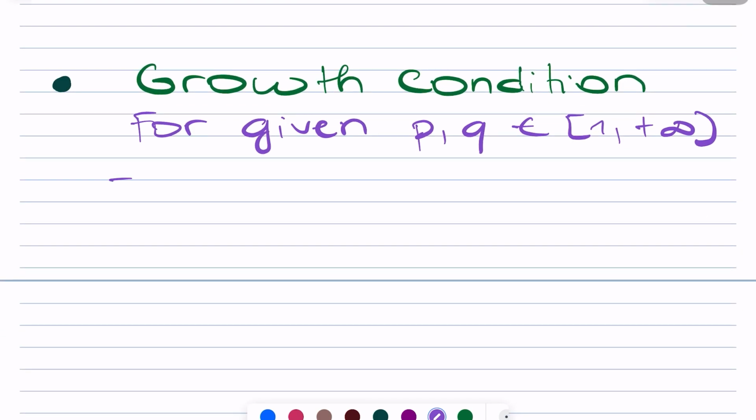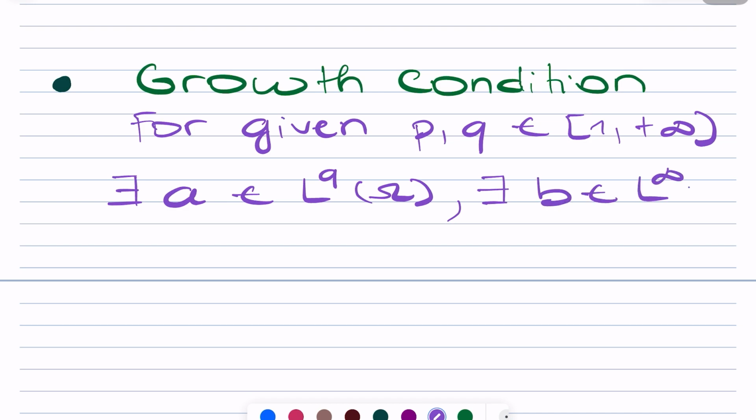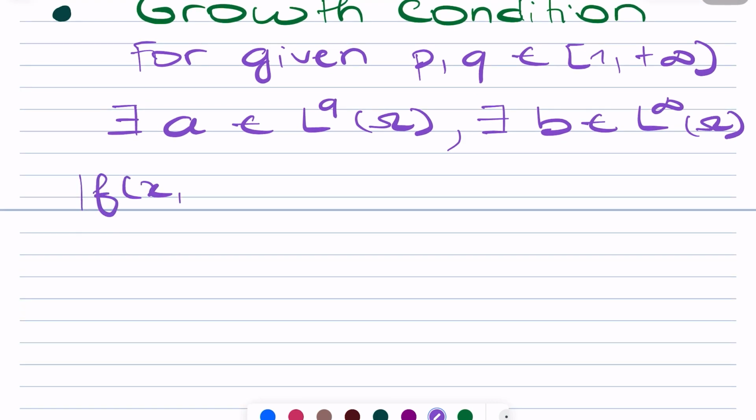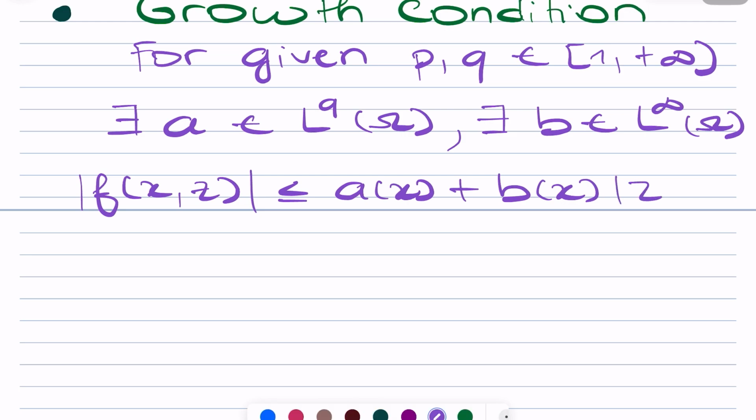So there exists a in L^q of omega, and there exists also b in L infinity of omega, such that the absolute value of f of x comma z is less or equal than a of x plus b of x times the absolute value of z to the power p over q. Let's call this growth condition G.